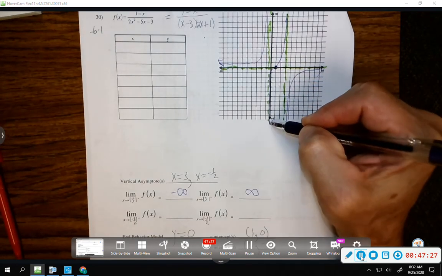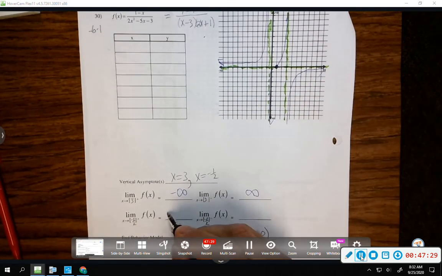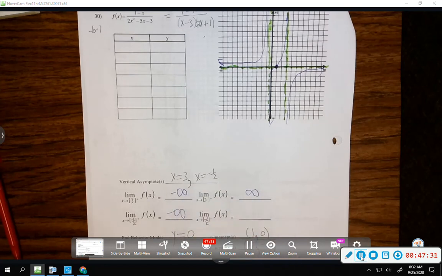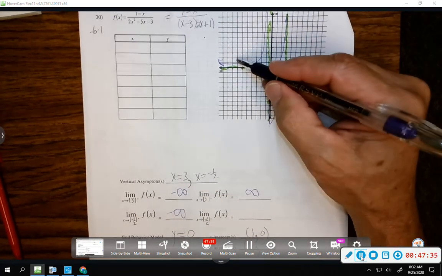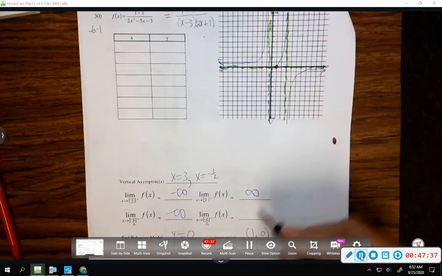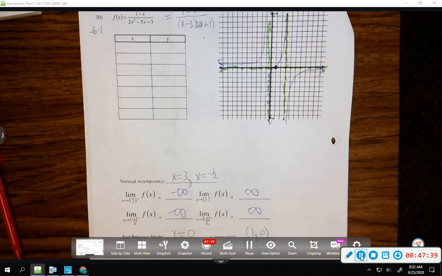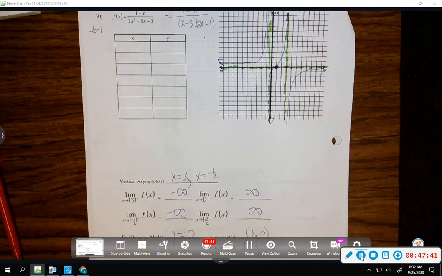The y value is getting larger in this direction. And the limit as x approaches negative 1/2 from the left goes to positive infinity. If you can get good sketches, many times that is the best way to determine what your limiting value is going to be.